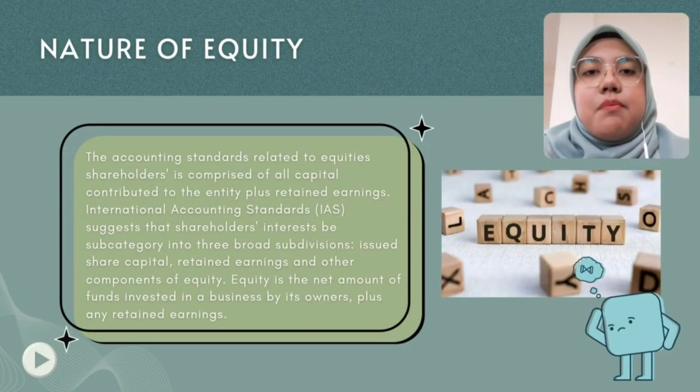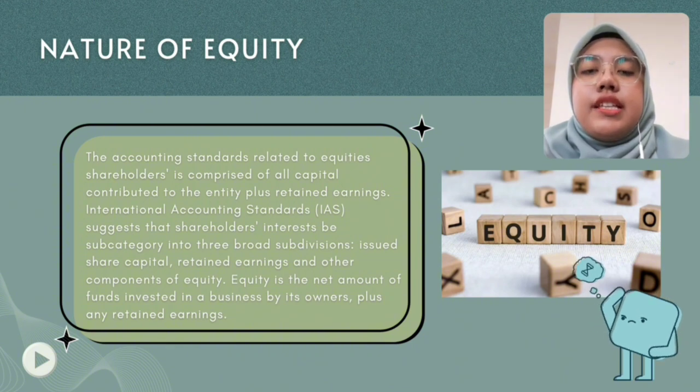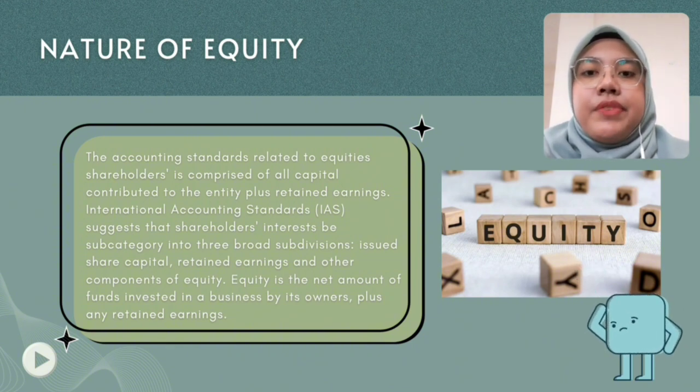First of all, the important thing we need to know is the nature of equity. What is equity? The accounting standard related to equity says shareholders' equity is comprised of all capital contributed to the entity plus retained earnings.